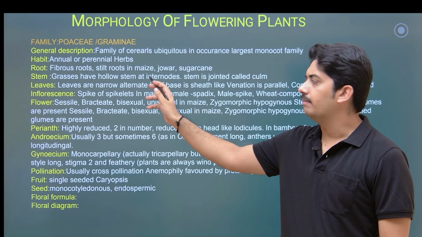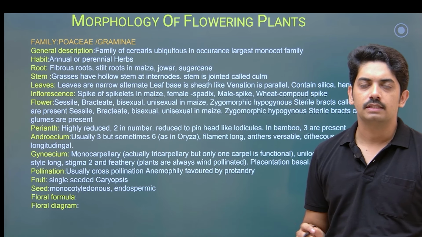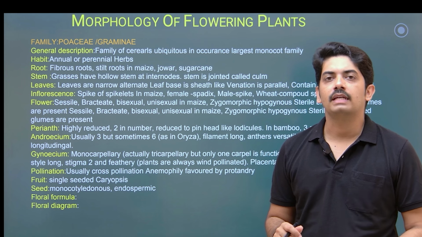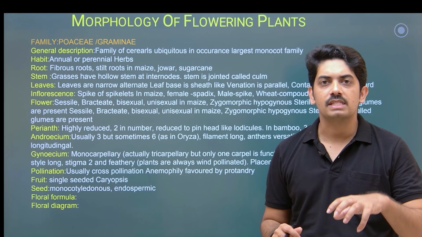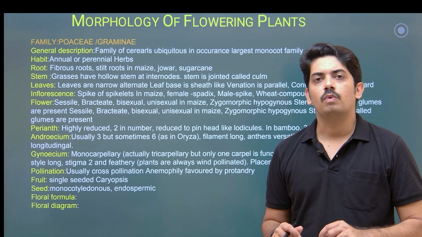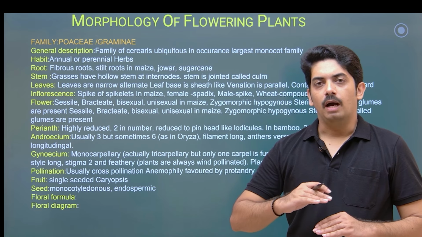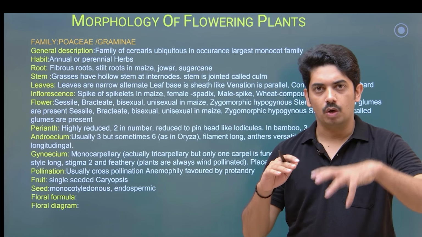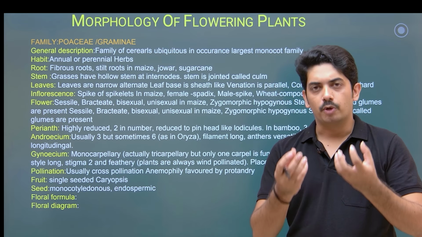stilt root in maize. Stilt root means they have a well-developed root system, but the height of the plant cannot be supported with those well-developed roots. So what they will do, the upper nodal regions, 4 to 5 nodal regions above the ground, produce roots.